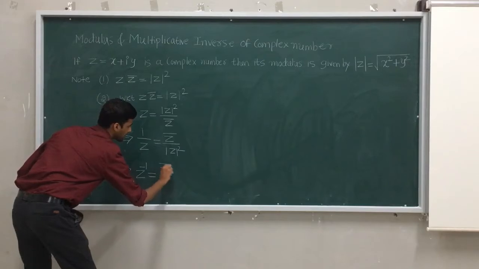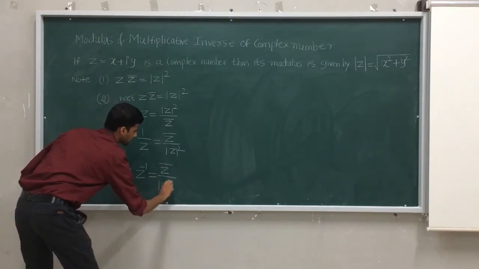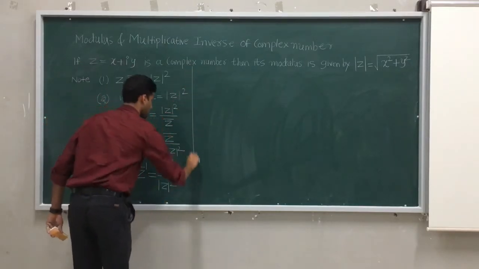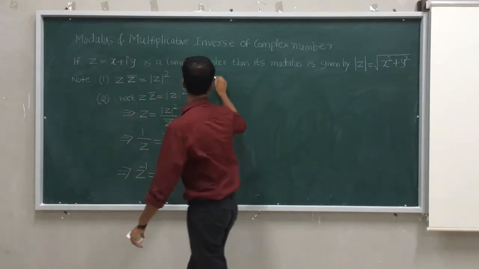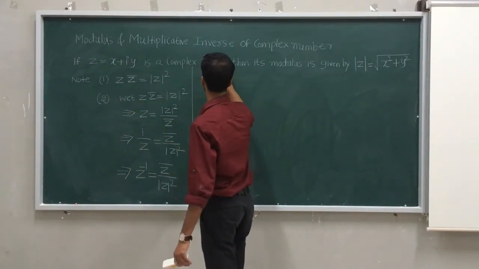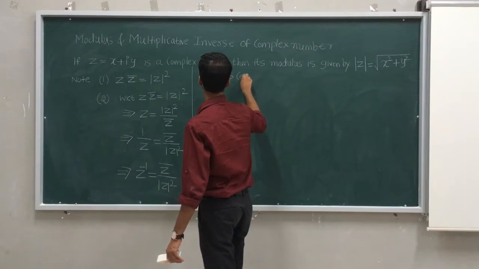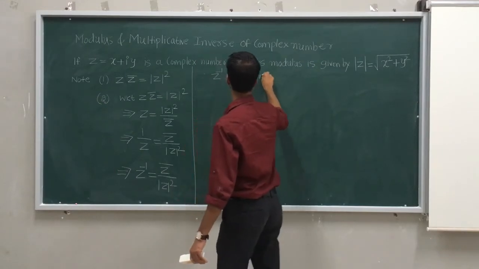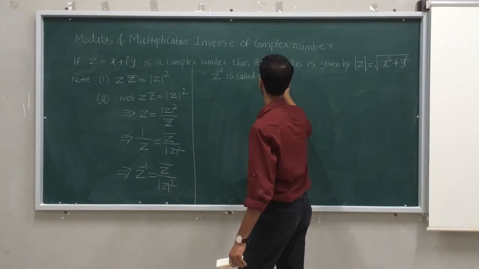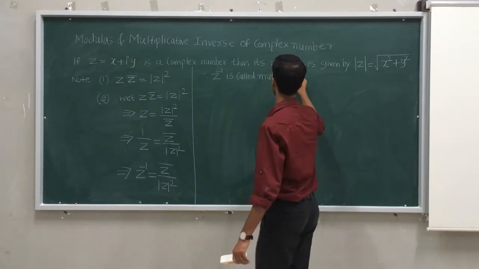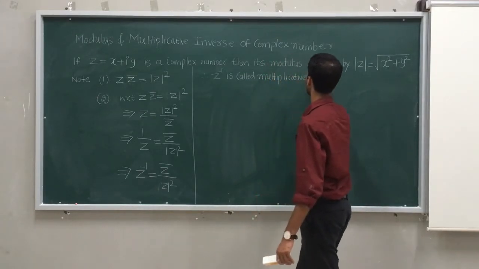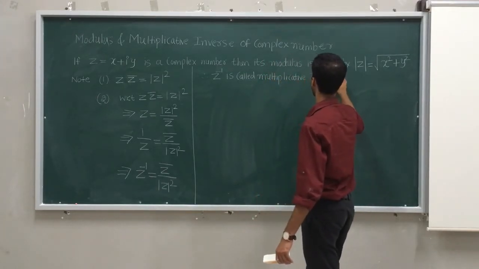That is z bar divided by mod z square. Therefore, z inverse is called the multiplicative inverse of z.